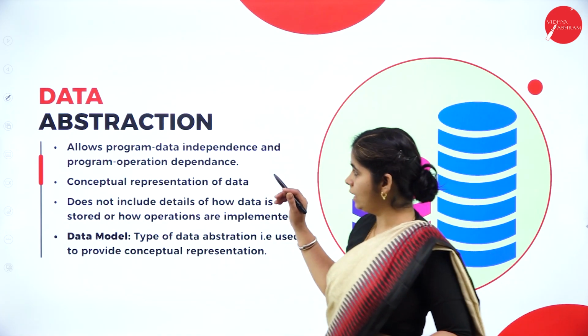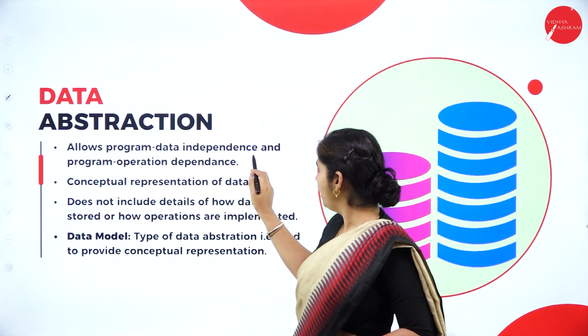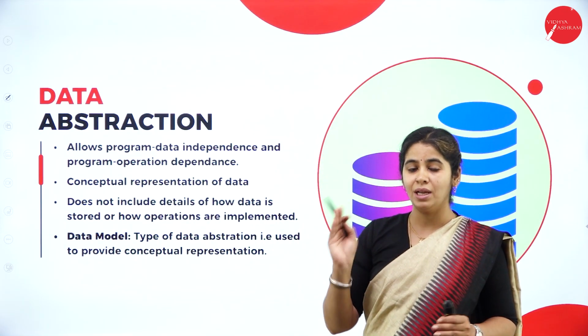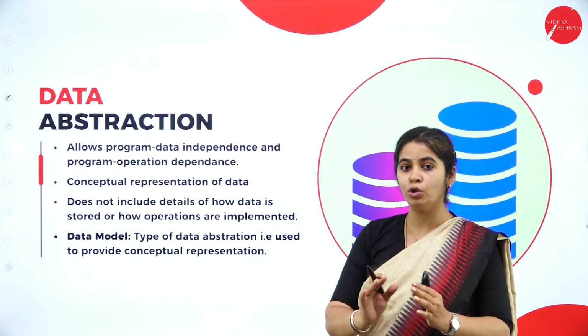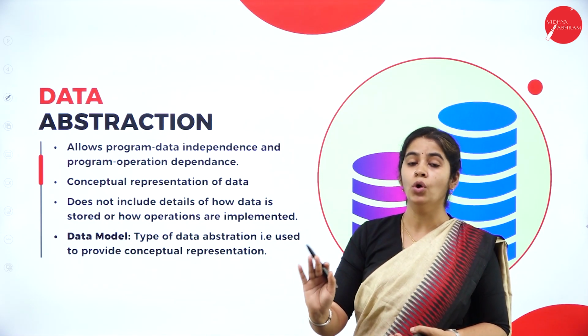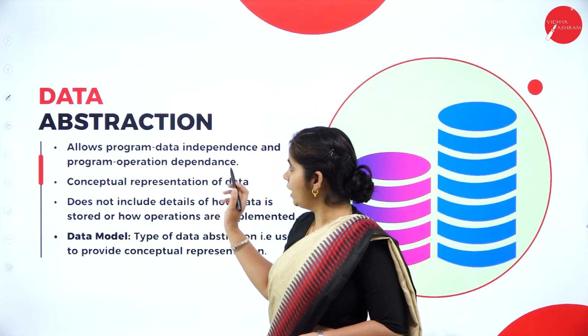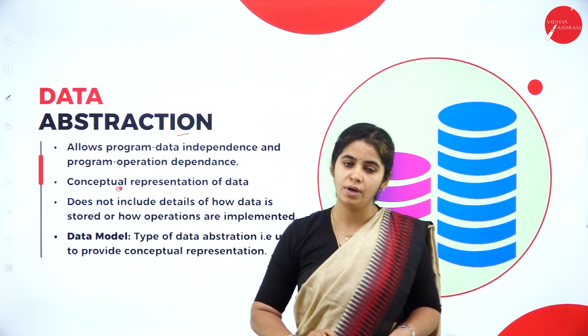Then coming to data abstraction, which allows program-data independence and program-operation independence. Since program data and program operation are independent of each other, we are able to provide abstract information to the user. Abstraction is nothing but a conceptual representation of data.